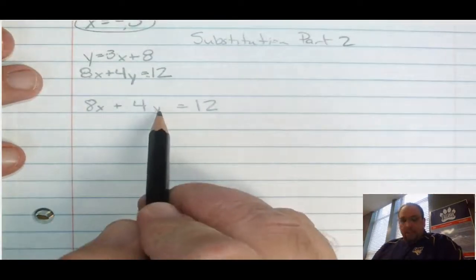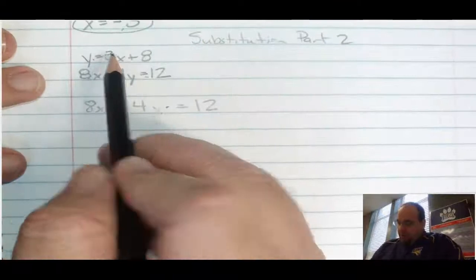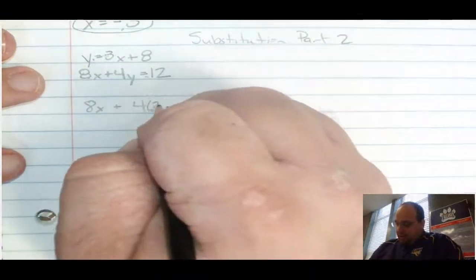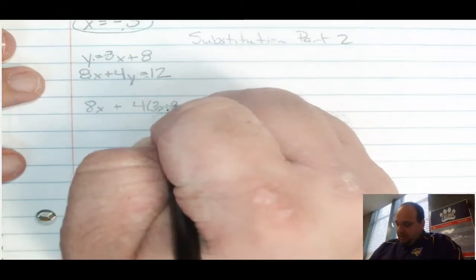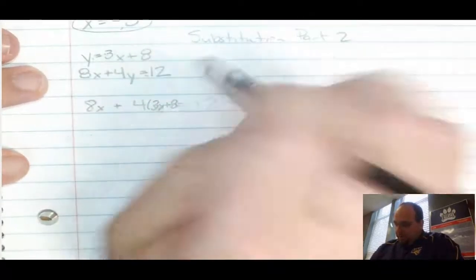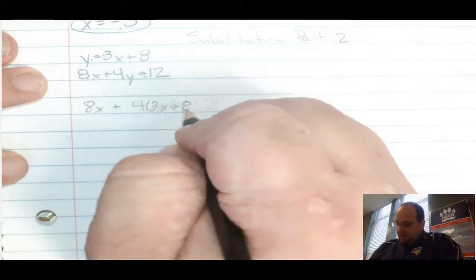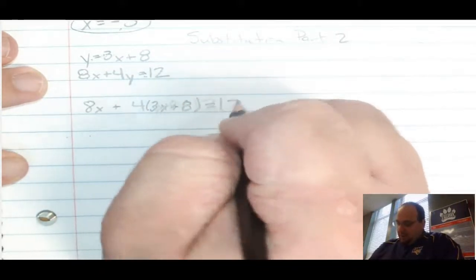But in the place of y, I'm going to put what y is equal to in this equation, which is 3x plus 8. I'm going to move this equals 12 over a little bit. So I'm going to get 8x plus 4 times 3x plus 8 equals 12.